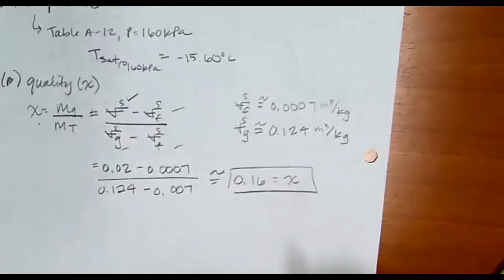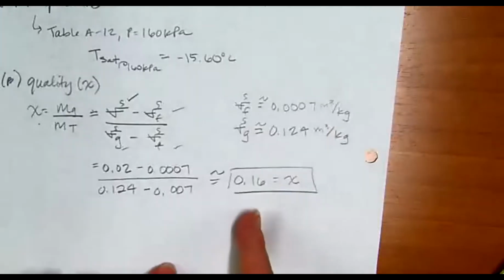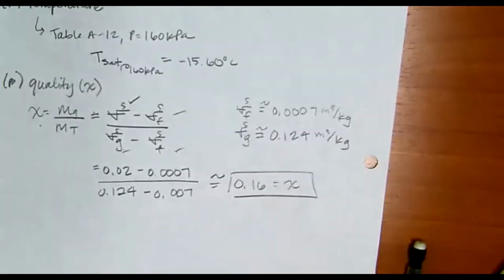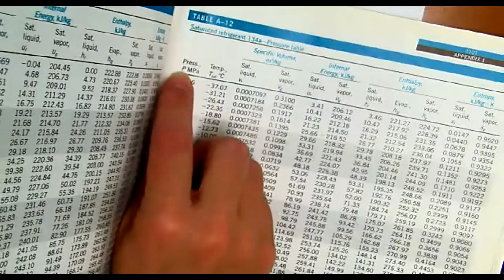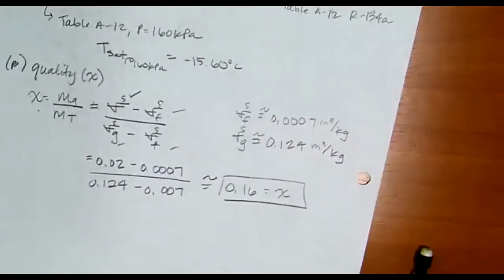Yes. When you look at the table, how do you know before you get the answer that it's 0.16? What do you mean? Before we found it's 0.16, we looked at the table and the pressure was 0.16, but how did we know? Oh, that's just a coincidence. So this pressure is in megapascal. I'm sorry, I should have gone over that a little slower.